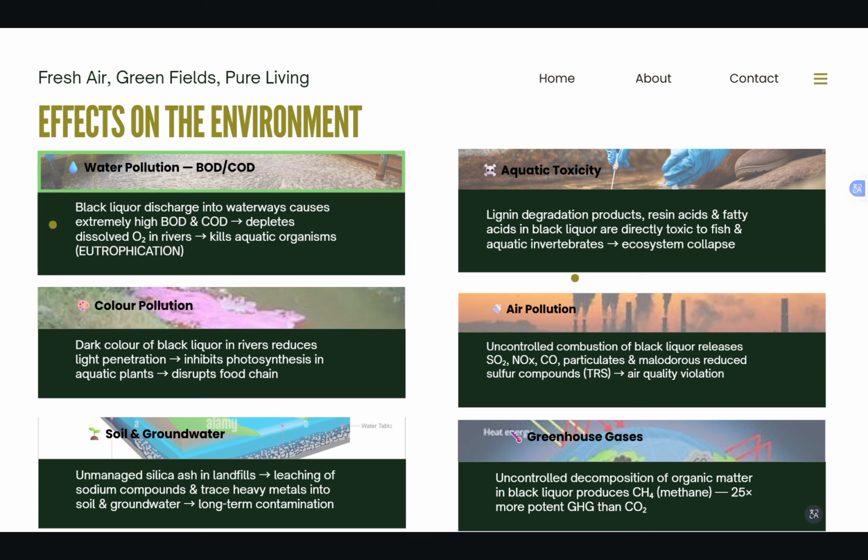So, what are the effects on the environment? Well, there are plenty of them. As you can see, there's water pollution, aquatic toxicity, color pollution, air pollution, soil and groundwater, and greenhouse gases. Water pollution occurs due to high BOD and COD. Toxic substances harm aquatic life, as you can see from aquatic toxicity.